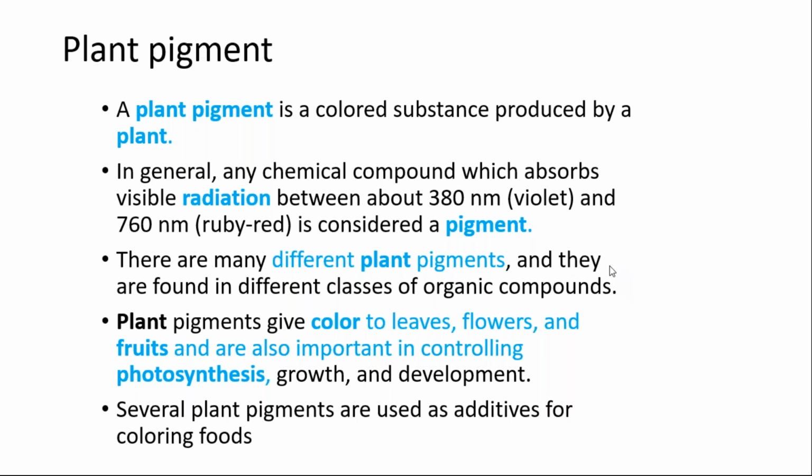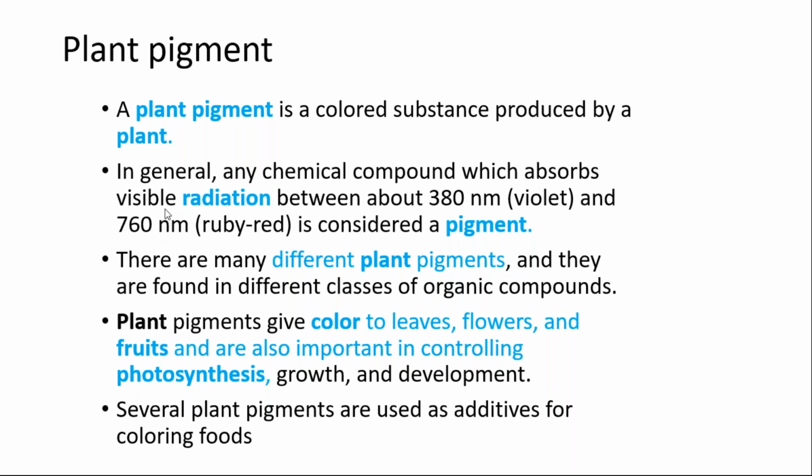It can be in the root, it can be in the leaves, it can be in the flower, or any part of the plant. And the word pigment means color. So these pigments actually are chemical compounds which absorb visible radiation.